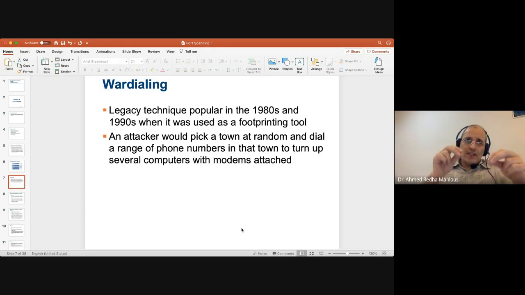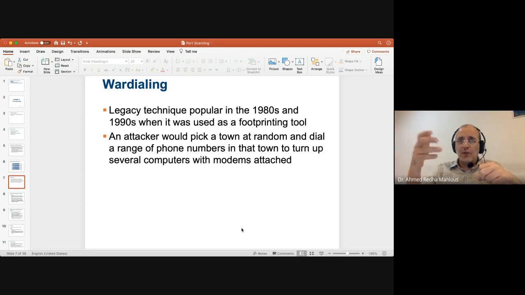It will have a connection or a port, usually an RJ45 port, and you plug your cable to the telephone socket on the wall. This is the way it used to connect to the internet, 10, 15 years ago.